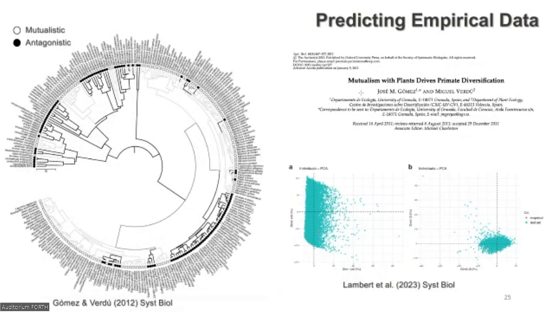And now for the empirical data, if I have time, yeah. We also used the exact same empirical data set for the sake of comparison. So again, in the paper, they did the model adequacy. So the empirical data falls within the cloud of the simulations.